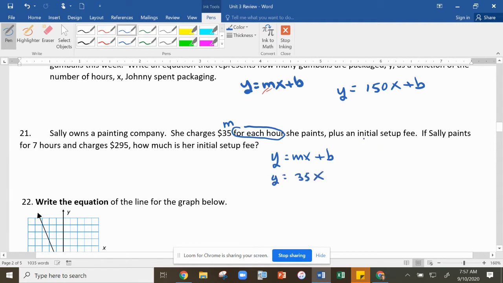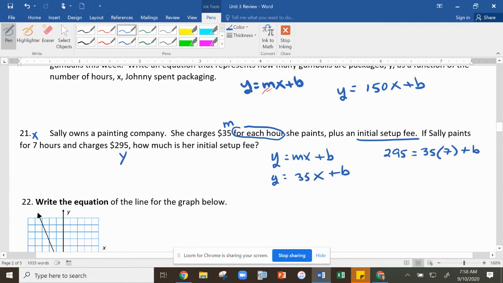35x plus b. We don't know what the initial setup fee is, but they are telling us what our y and our x are. So it's going to be x number of hours, and the total is going to be our y, the 295. So we're going to plug those in. We're going to get 295 equals 35 times the number of hours, which is 7, plus the setup fee, which we don't know what that is.